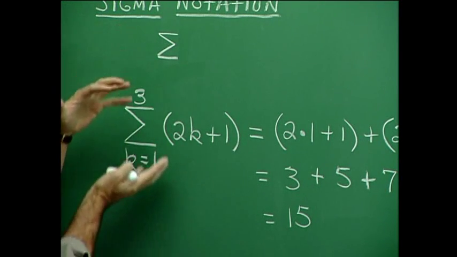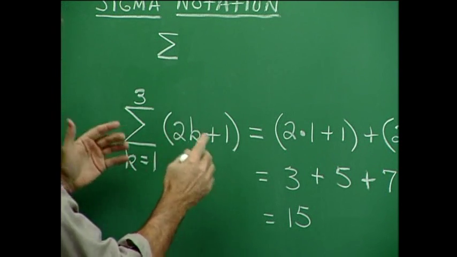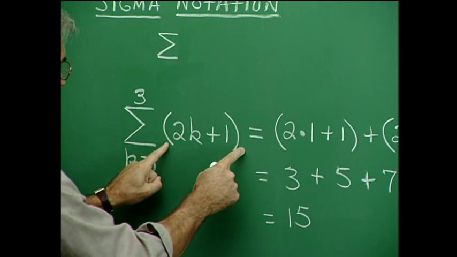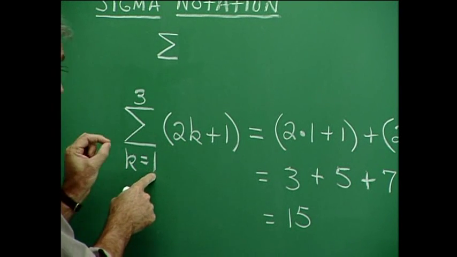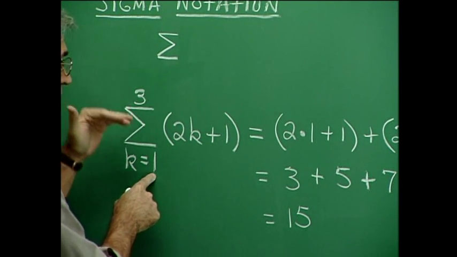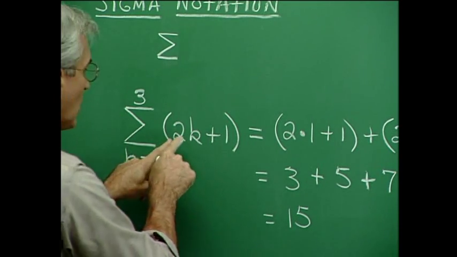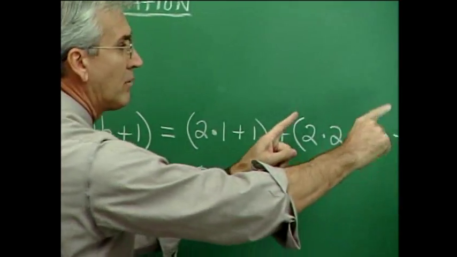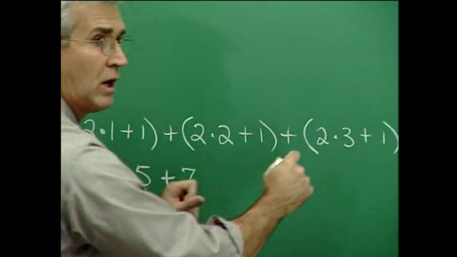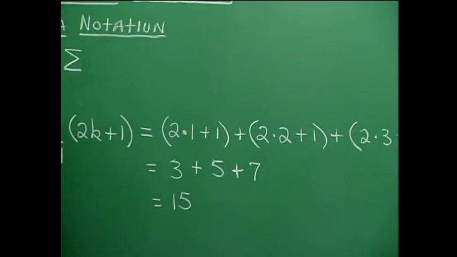This is a rather narrow group of things being added, but nonetheless, that's the idea. So to expand this, we would take this expression and replace the letter in it with the lower limit value, and then replace that index with every value up to the upper limit. So it would be 2 times 1 plus 1, plus 2 times 2 plus 1, plus 2 times 3 plus 1, and then we would evaluate to find that to be 15.